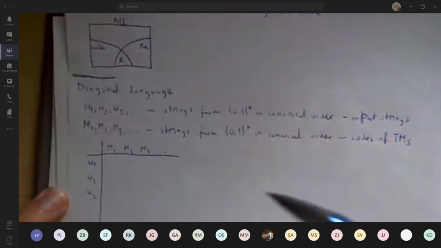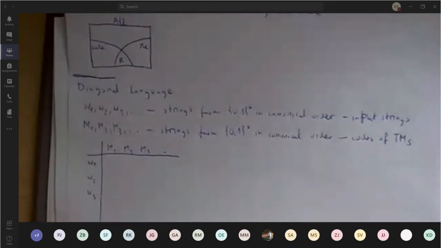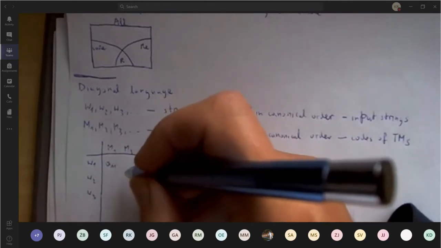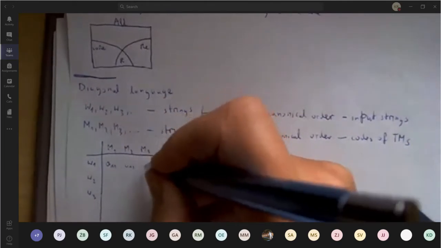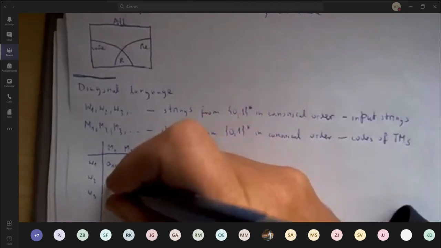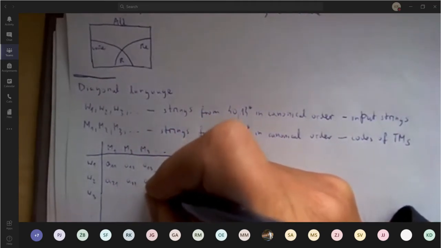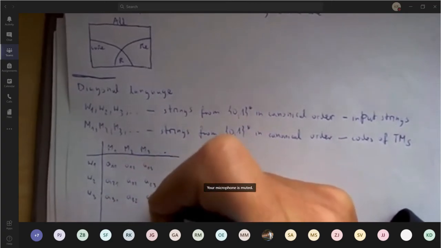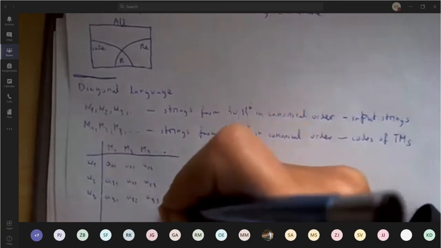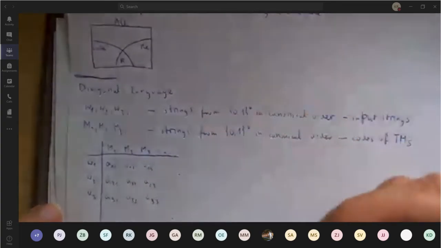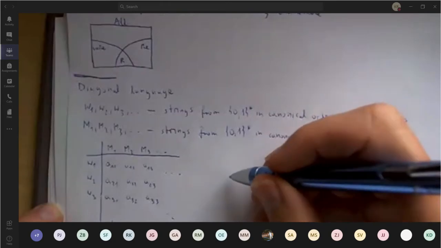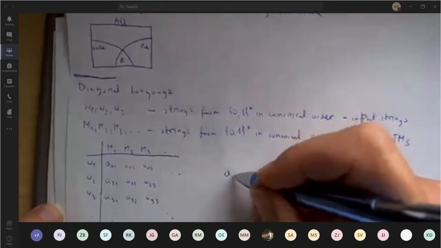The rows are indexed with input strings, the columns are indexed with Turing machines, and I will denote the entries of this table with a: a11, a12, a13, a21, a22, a23, and so on. And this table is a binary table, so every aij is 0 or 1, and we define it in this way.